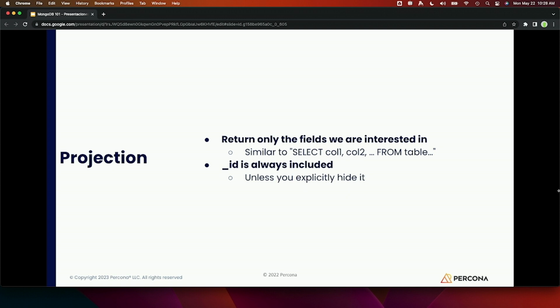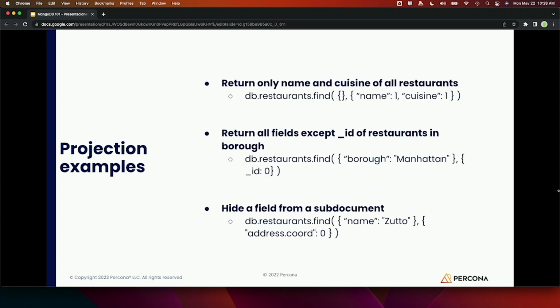So let's see some examples. If I want just the name and the cuisine of a restaurant, I can run the query without the where clause in the first example and just print name and cuisine, and remember the ID will be included also. If I want to return every field except ID, for example, I can do so by just projecting _id equals 0, and the rest will be included.